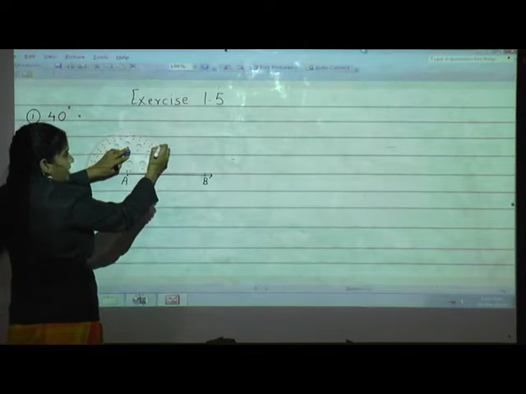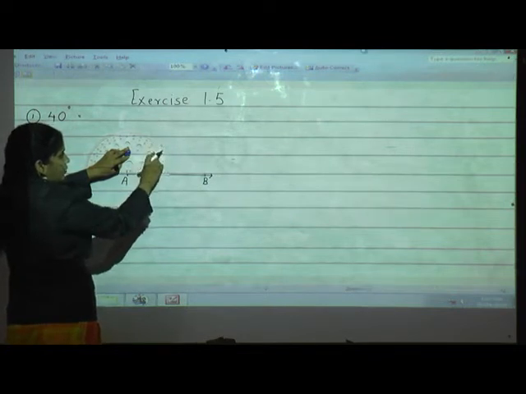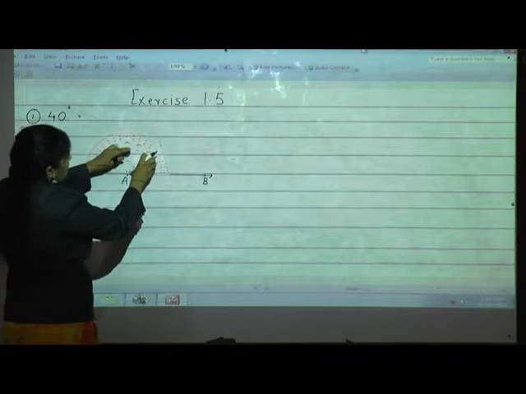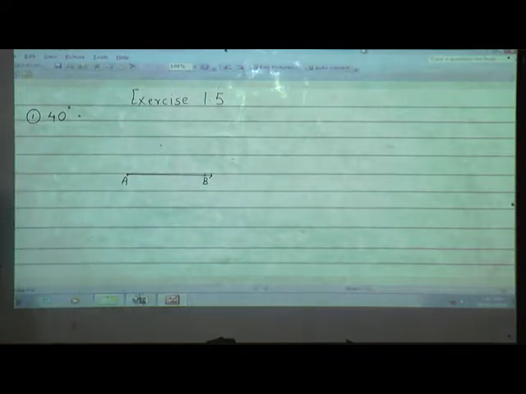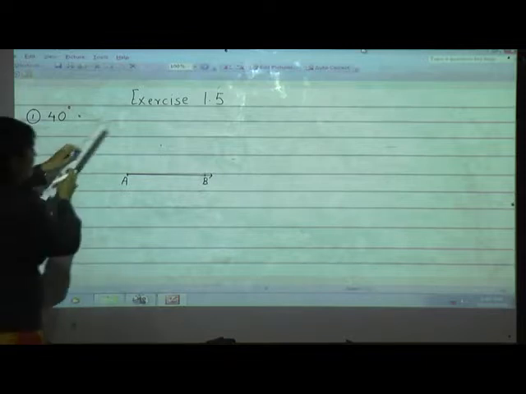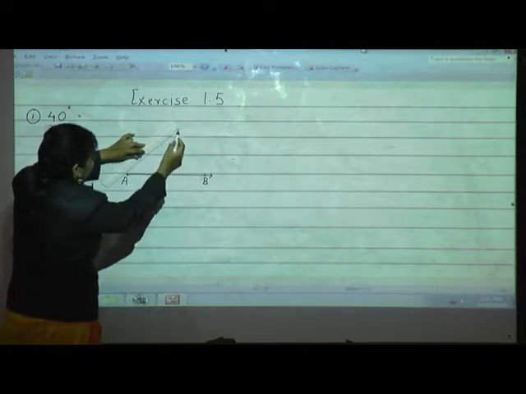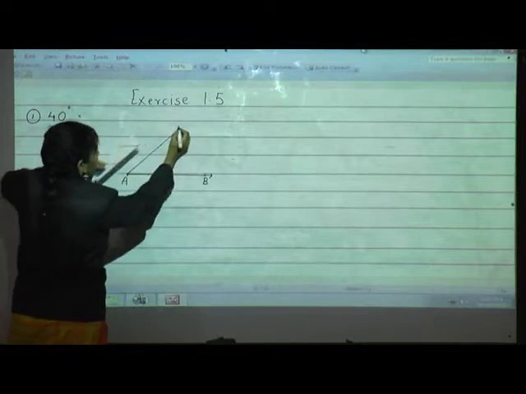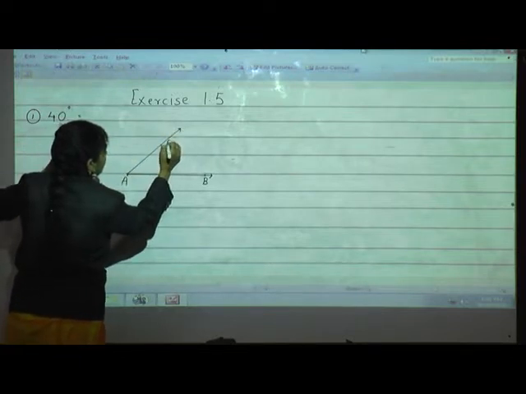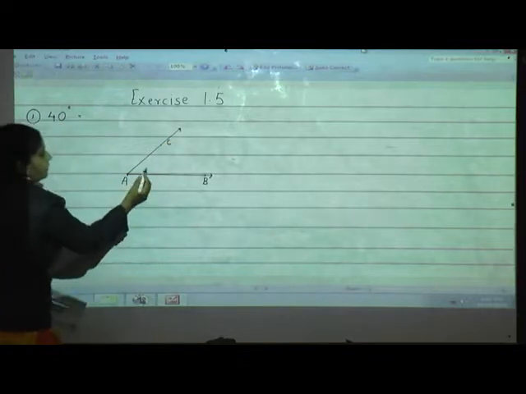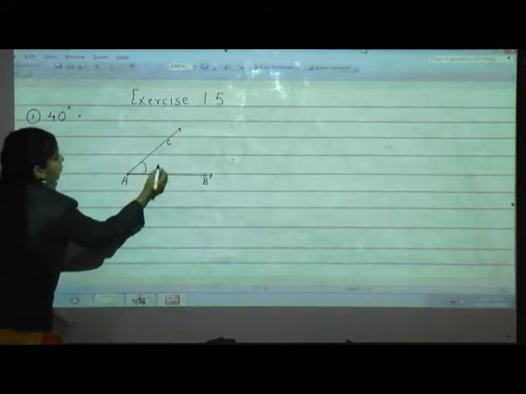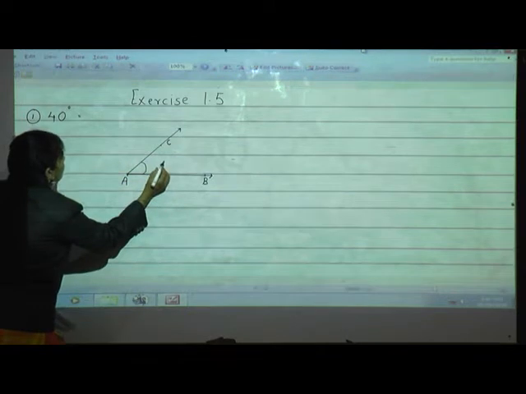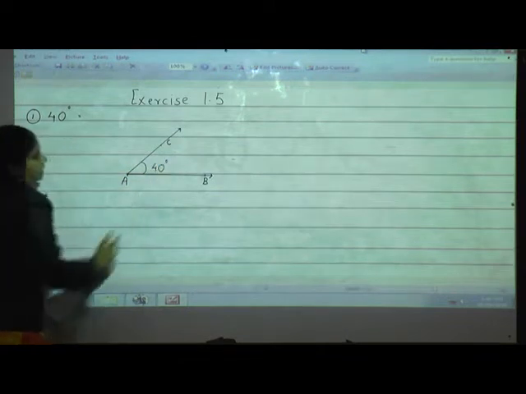Make a point here at 40 degrees. Remove your protractor and draw a ray. Give it the name C and write here: measure of angle CAB is 40 degrees.